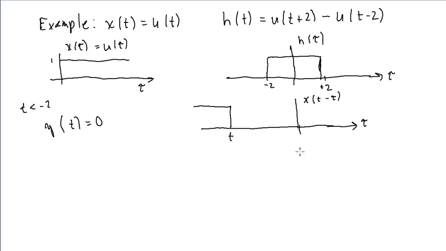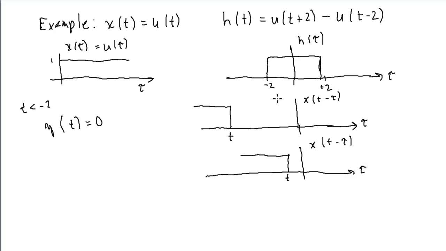Now let me try and draw the case where t is between minus 2 and 2. So in that case, x of t minus tau looks like this. Okay.